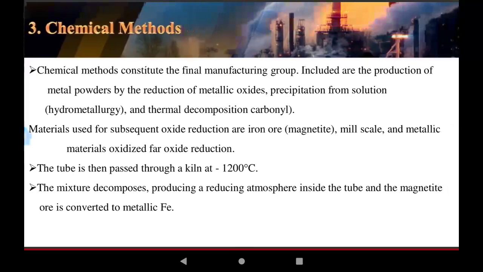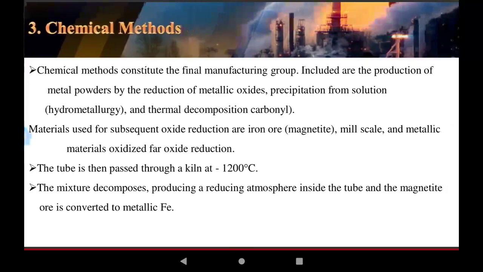Chemical methods. The chemical methods constitute the final manufacturing group, which includes the production of metal powder by the reaction of metallic oxide, precipitation from solution, hydrometallurgy, and thermal decomposition of carbonyl compounds required for the powder.